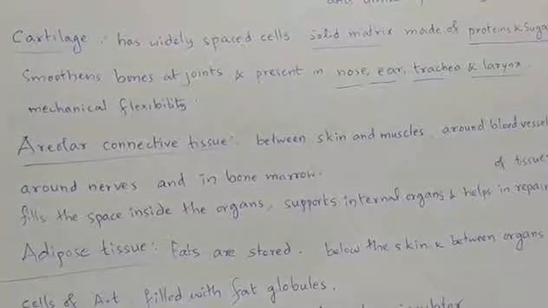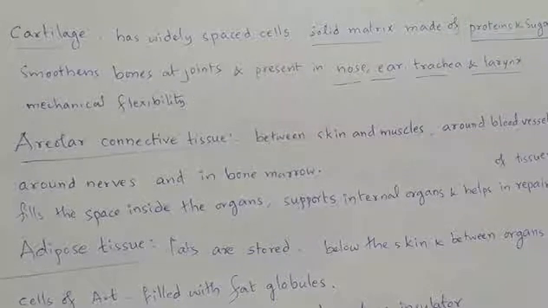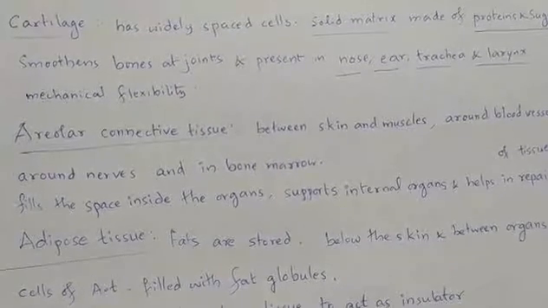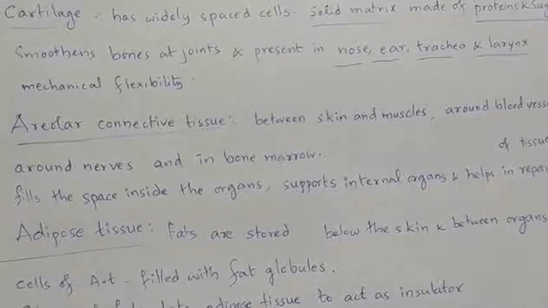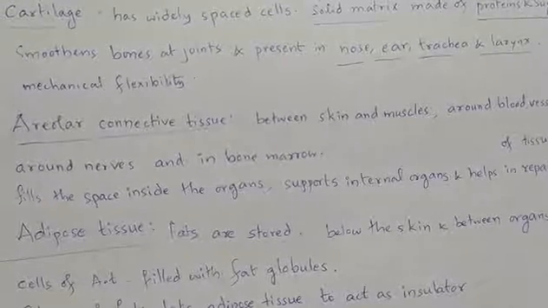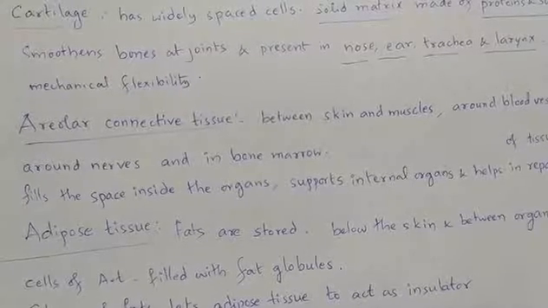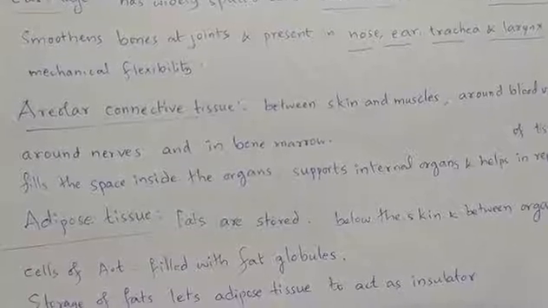Cartilage smoothens the bone surfaces at joints. Cartilage is present in the nose, ear, trachea, and larynx. Cartilage provides mechanical flexibility.